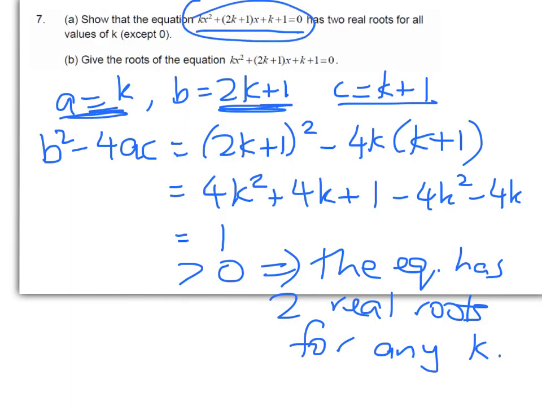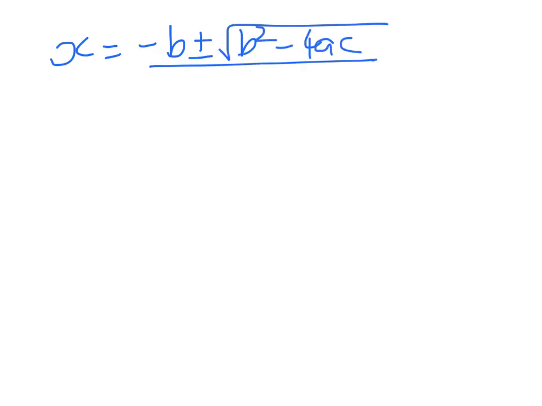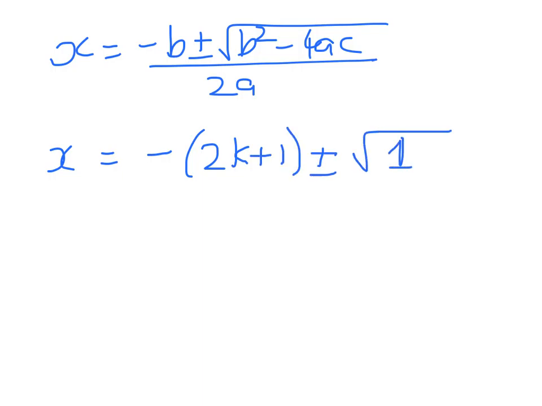Alright, very last question on a new slide. Right, we need to give the roots of this equation. So x is equal to quadratic formula. Now we've already got the discriminant here. So x is equal to negative 2k plus 1 plus or minus the square root of 1, divided by 2k.